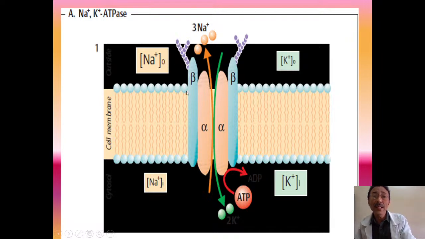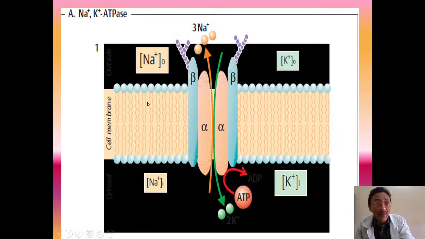This carrier protein is exclusively meant to transfer sodium and potassium, and it is known as the sodium potassium ATPase pump. This sodium potassium pump will move 3 sodium ions from inside to outside and 2 potassium ions from outside to inside.